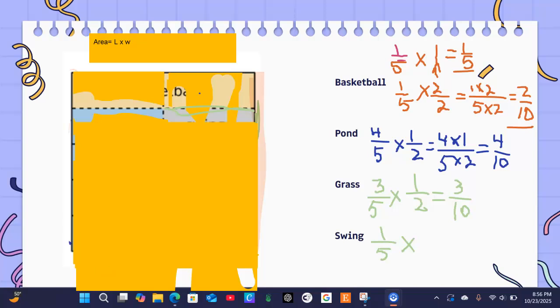And as you can see, the swings only has one portion out of two. Take a look at that. One portion out of two. So it's going to be 1/5 times 1/2, and that will give you 1/10.